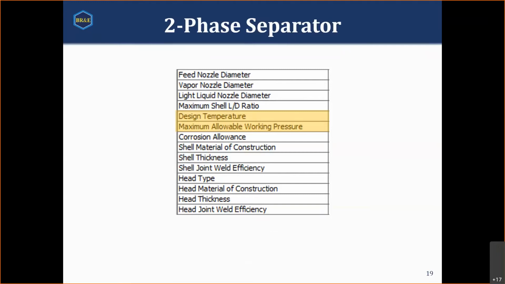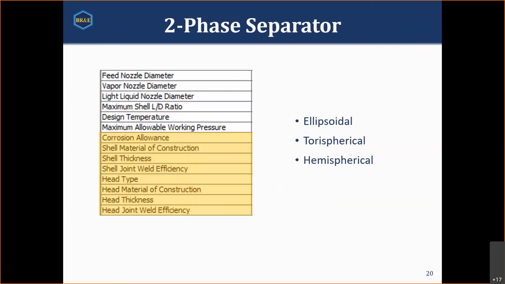Based on these inputs, ProMax is going to set how thick your vessel is, and based on additional inputs such as the corrosion allowance and your shell and head material of construction, that's going to determine how much mass your separator weighs, which will be a calculated output.